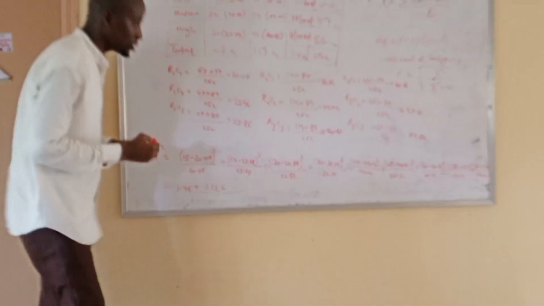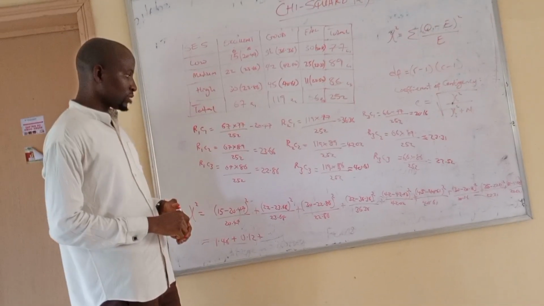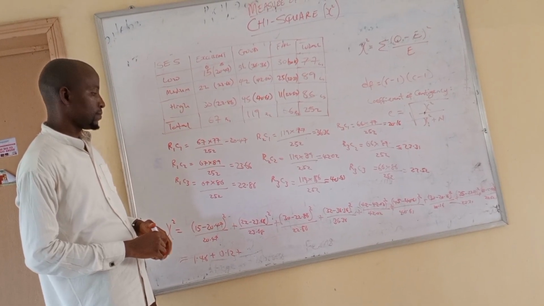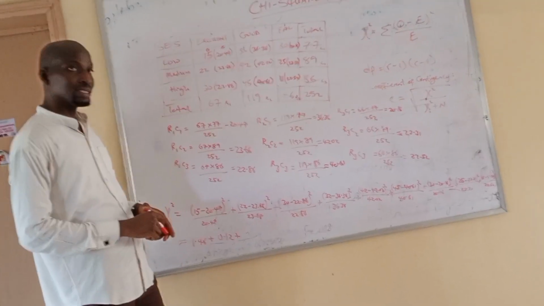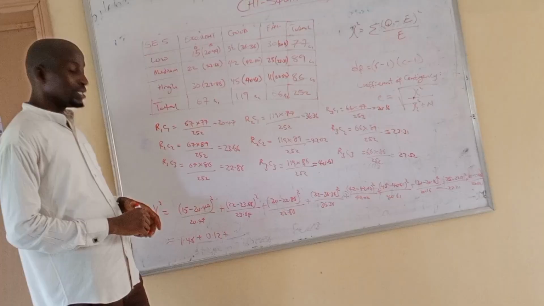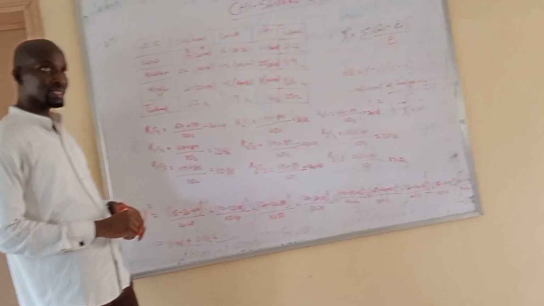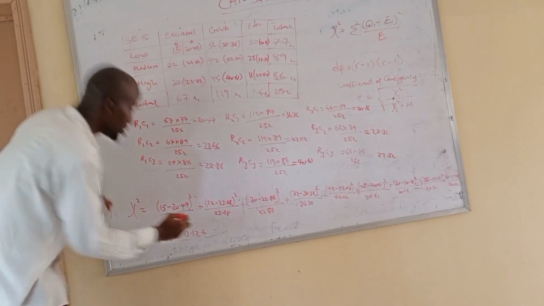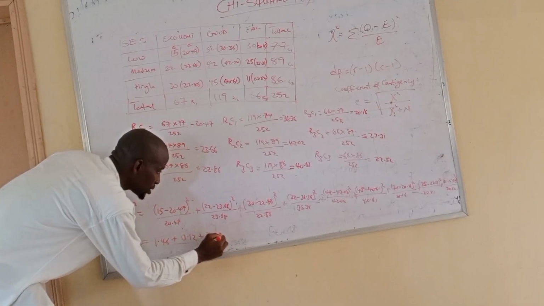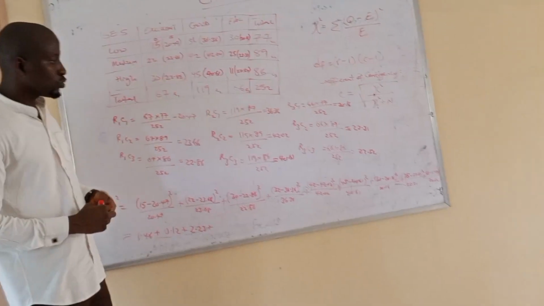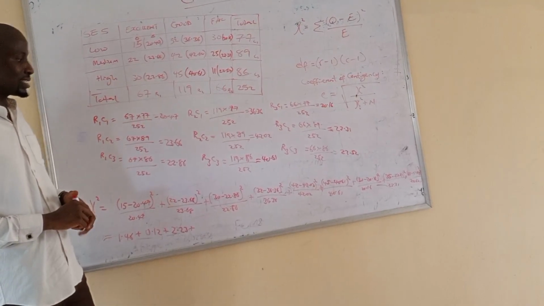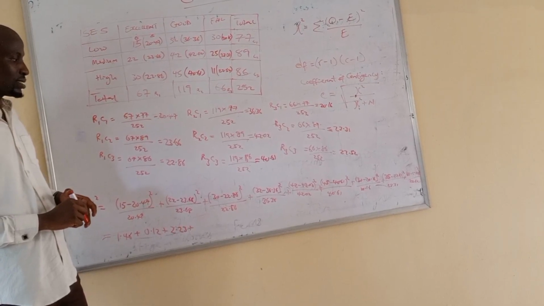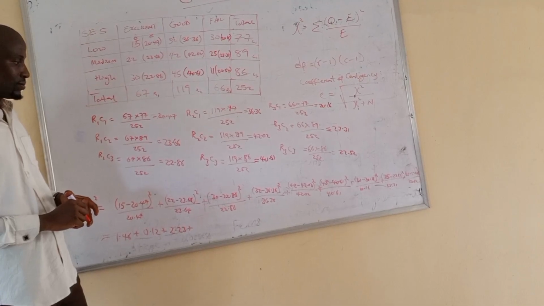0.12. The third one now. 30 minus 22.86. Then you square it. Divided by 22.86. 2.23. The fourth one, 32 minus 36.36.